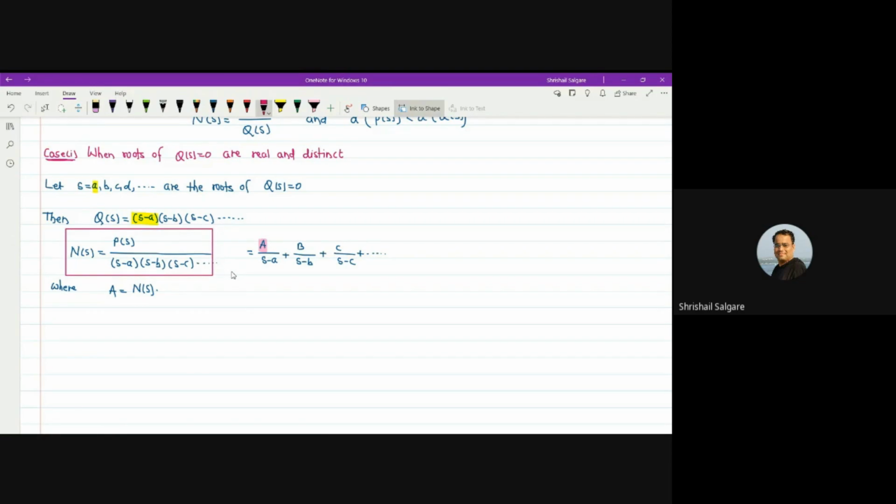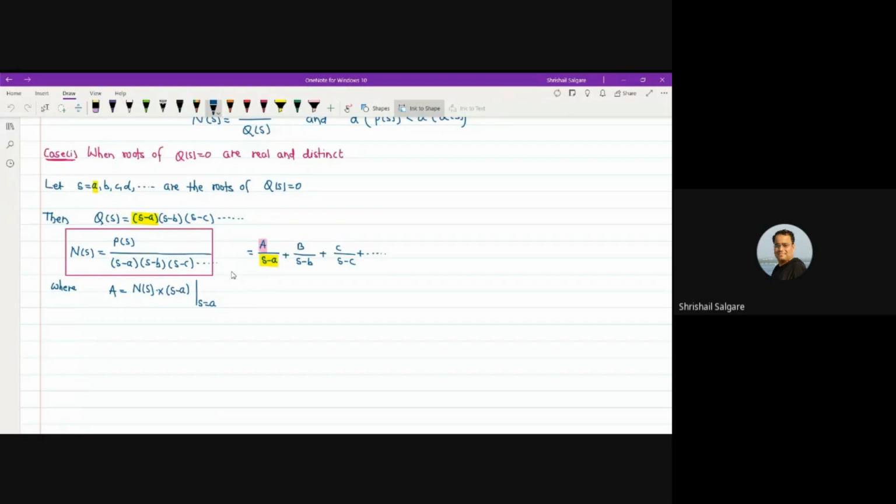Now this term you have to multiply by the factor which is in the denominator of that arbitrary constant. What is that factor? It is s minus a. You have to put s minus a, and take the value of this term at s equal to a.